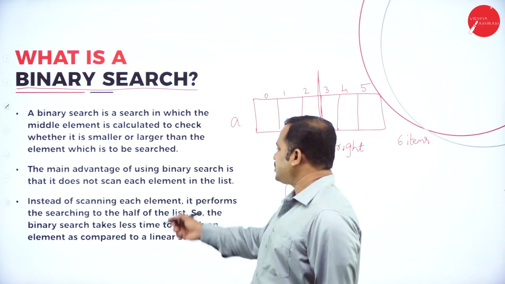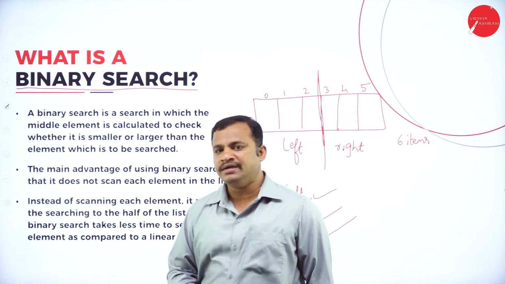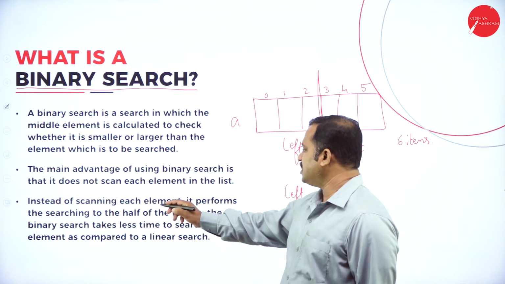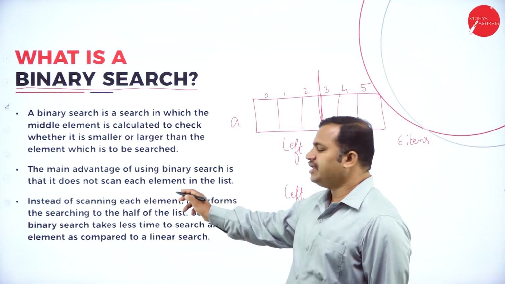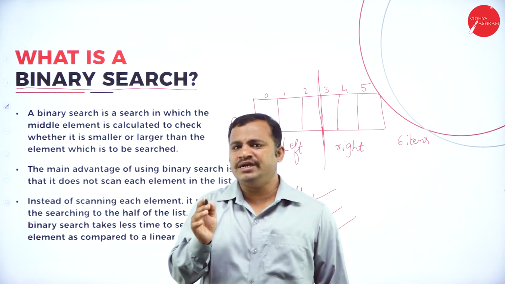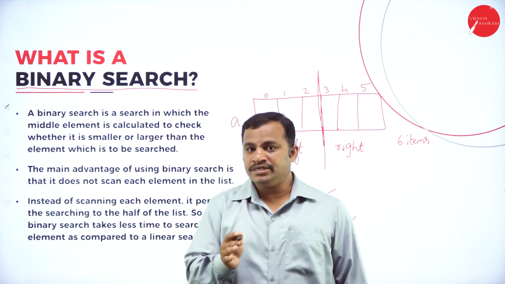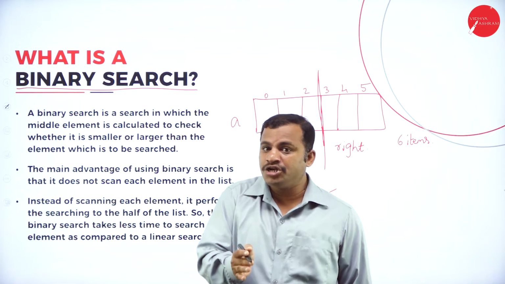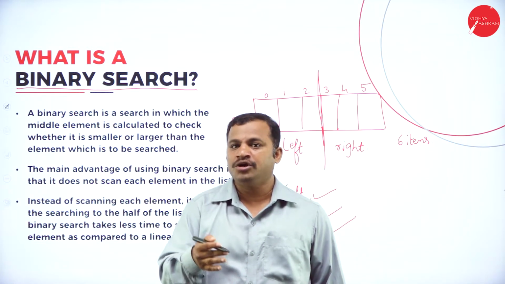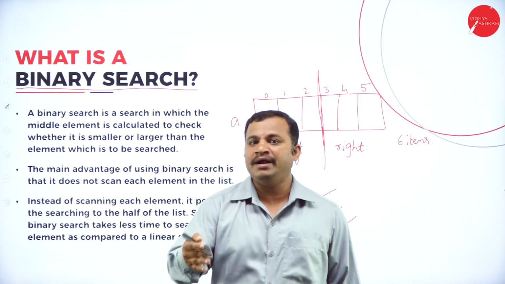Now, instead of scanning each and every element present in a list, the searching operation divides the entire list into half based upon the comparison operation performed on the middle element.